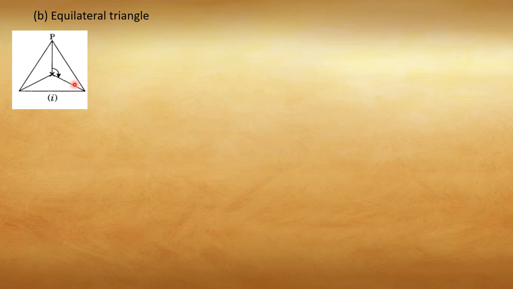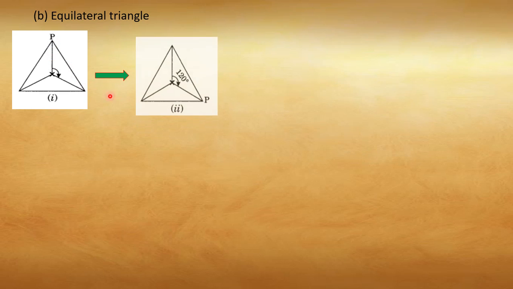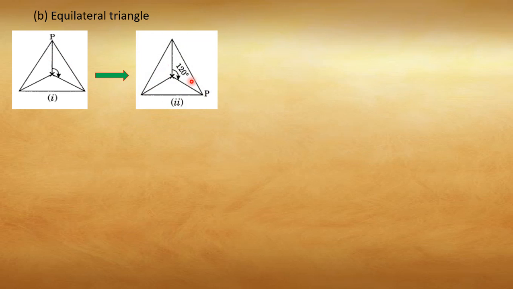So how will it turn? Let's understand it. When it turns, this P, which is on the top of the triangle, will appear here. By turning 120 degrees, the figure we get again is a triangle. This P, instead of the top, is now in the downside, at the right side corner.